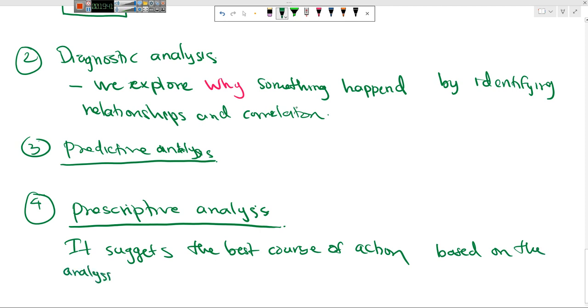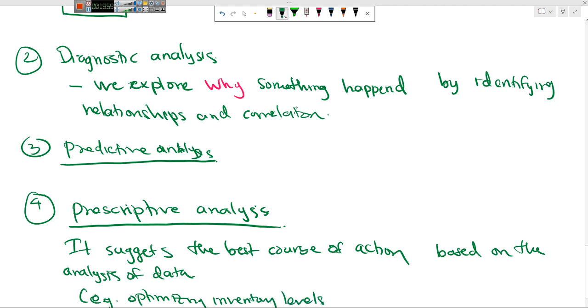For example, optimizing inventory levels.